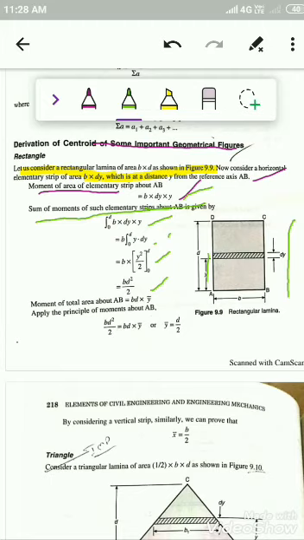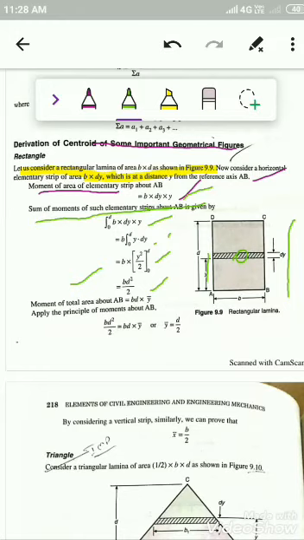Apply the limits, then it is B D square divided by 2. This is the sum of the moments of all the elementary strips about AB. Here I have shown only one elementary strip.